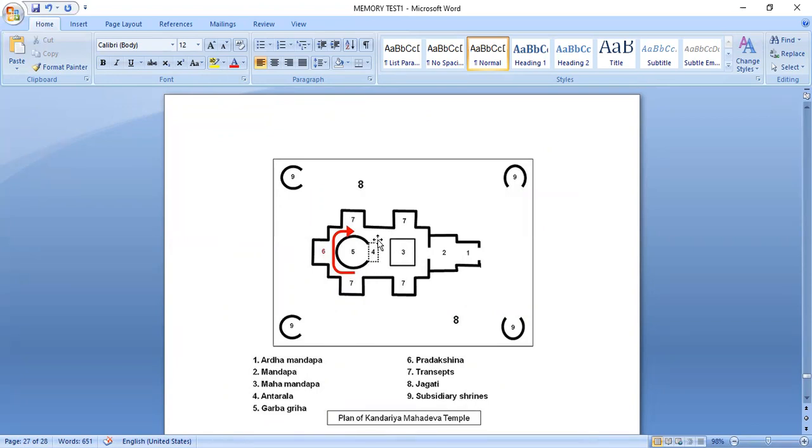Antarala. What is meant by Antarala? You've studied it. Could you repeat the question again? Yeah. What does Antarala mean? Fourth.